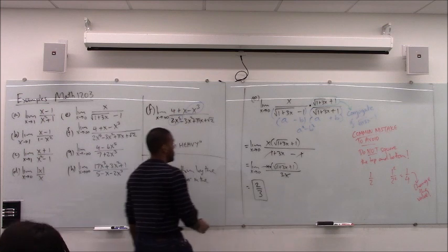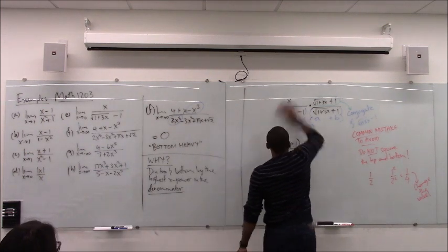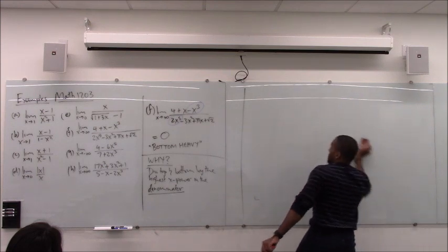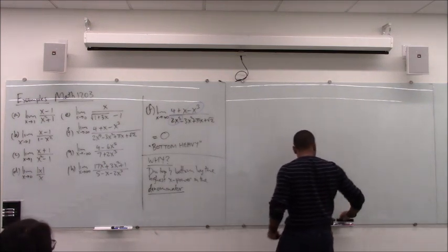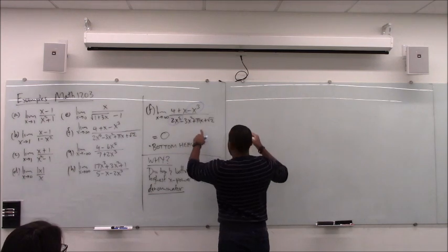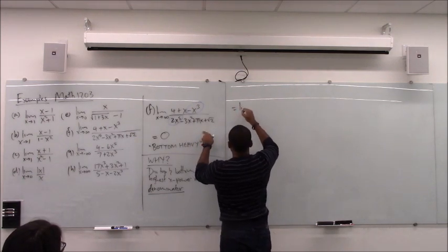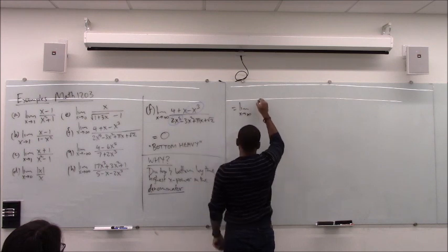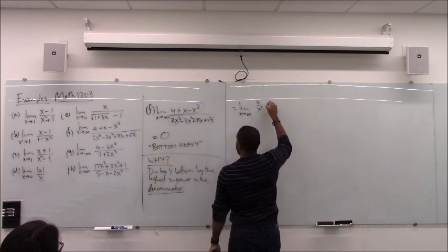So let's say I do that here. This will give the limit as x approaches infinity where the highest power on the bottom is x to the fifth, so I'm just going to divide top and bottom by x to the fifth.